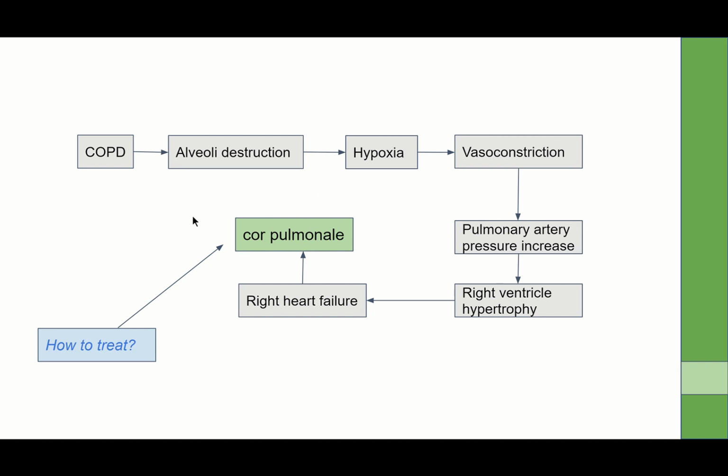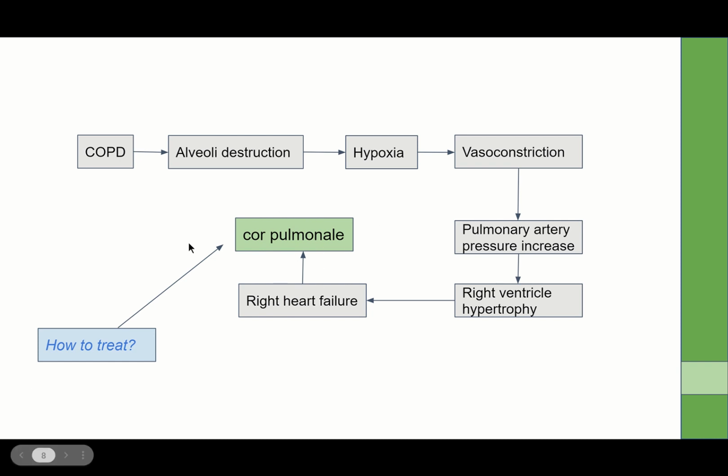Of course, it's not that simple, but overall, that is the concept behind how to treat cor pulmonale. Cor pulmonale is just a clinical feature. It's not a disease. Many lung diseases can cause hypoxia, can cause alveoli destruction, and can cause right heart failure. So cor pulmonale is not a disease. It's just a clinical symptom.